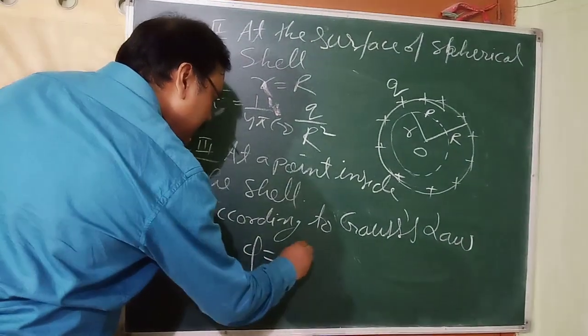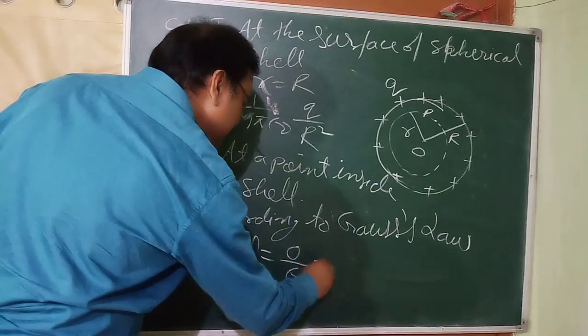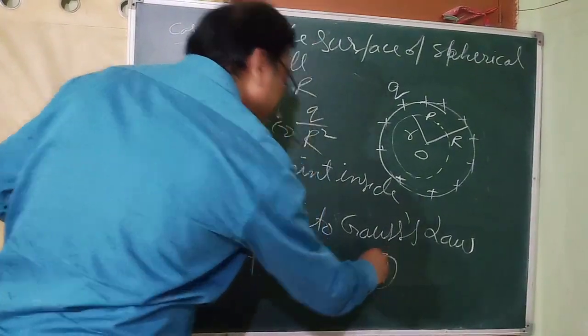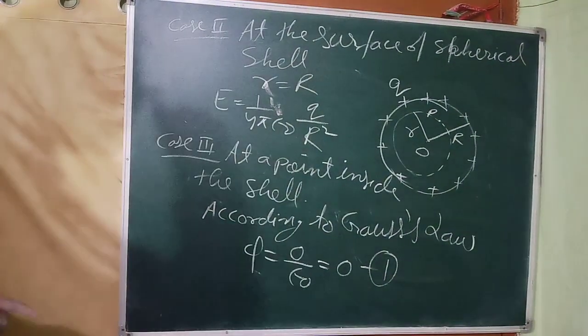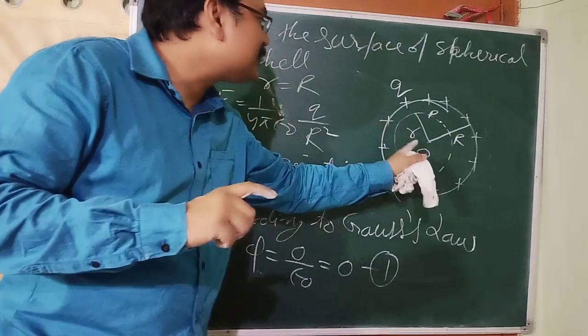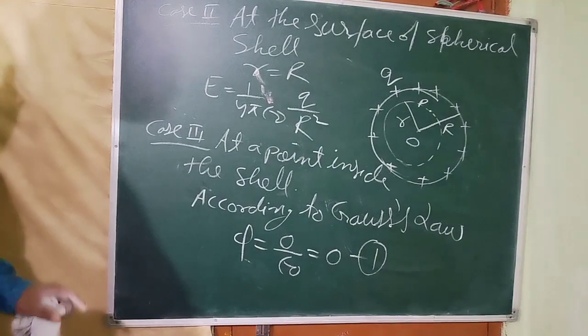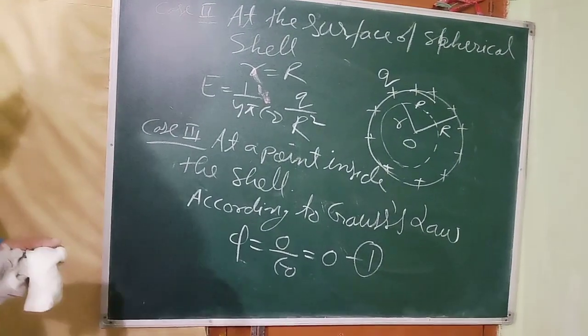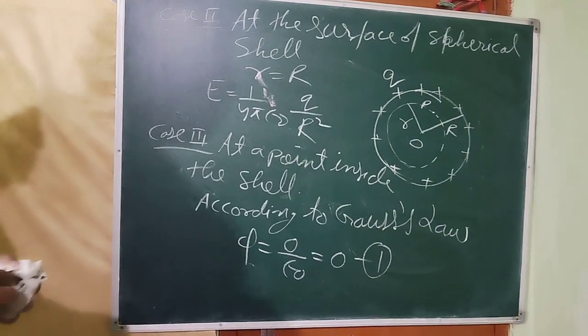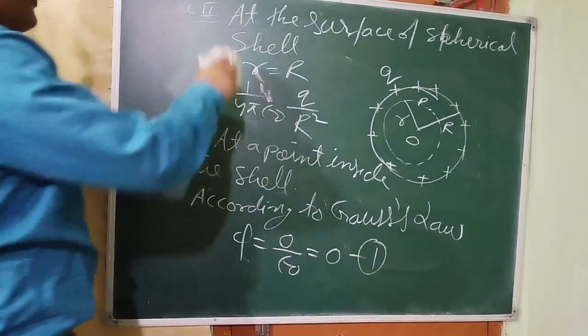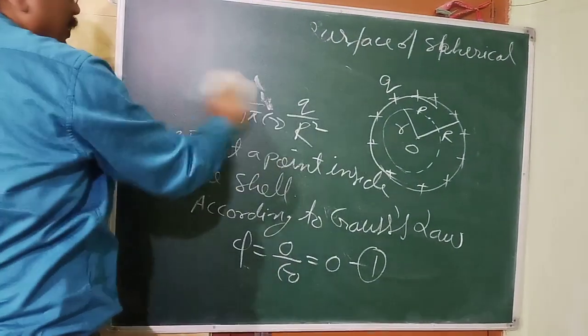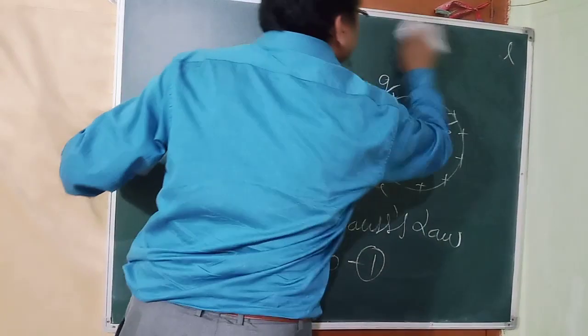Flux is 0 upon epsilon naught, and that equals how much? 0. This is our equation 1, because there is no charge inside this Gaussian surface. No matter is there. So where will the charge lie? Because it is a hollow sphere. Now, according to the definition of flux, what will we get?